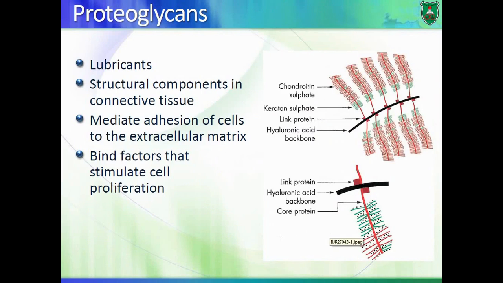These glycosaminoglycans as polysaccharides are going to associate with a small protein part, making the structure of proteoglycan, and as the name implies, it's a proteoglycan, so the protein is the minor component and the sugar is the major component, just like the family name.